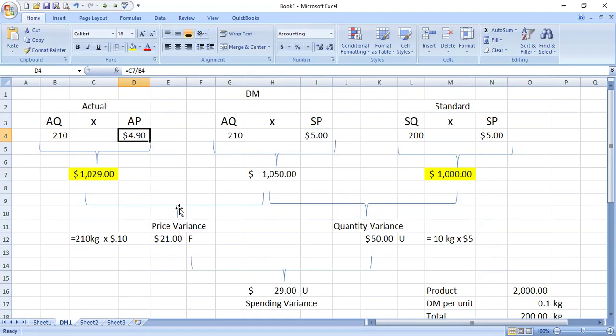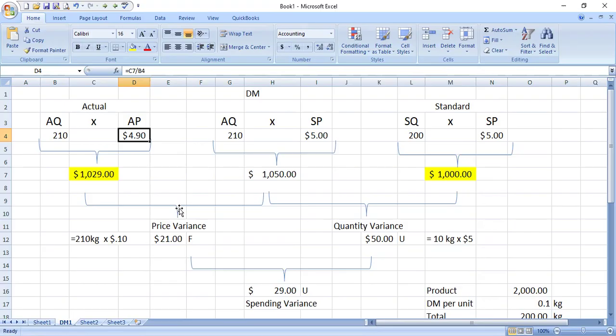Now, who's doing a better job? Who to blame now? Are you still thinking that we should reward the purchasing manager? No. So you have to be careful when you see the variances. The first important thing is to identify the questions and wait for the responses because you might be surprised.